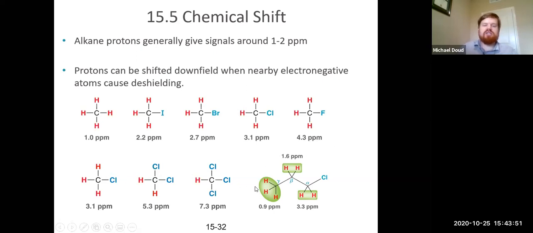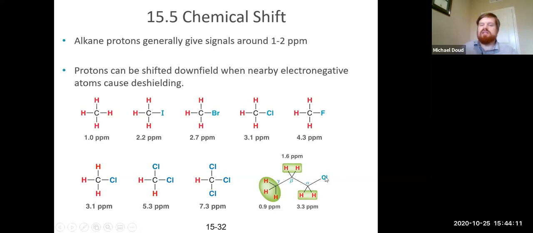Additionally, you can also add additional electronegative atoms. The more electronegative atoms you put on there, the more electron density is going to be sucked away from that hydrogen, so the more deshielded that atom is going to be.